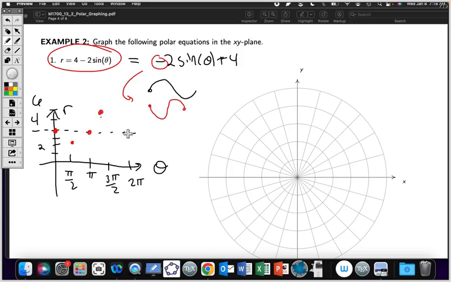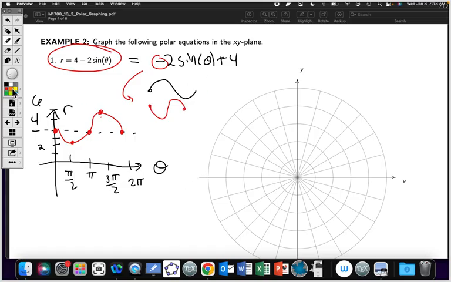And then back to the middle here. And so that's what it would look like. And once again, I can just always check, like plug in 0. Sine of 0 times -2 plus 4 gives me 4. Pi over 2. Sine of pi over 2 times -2 plus 4. You follow? Okay. Either way is fine.